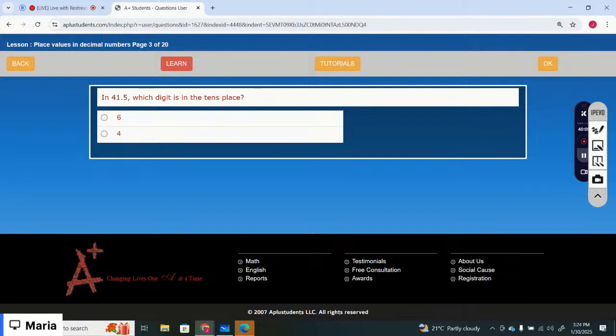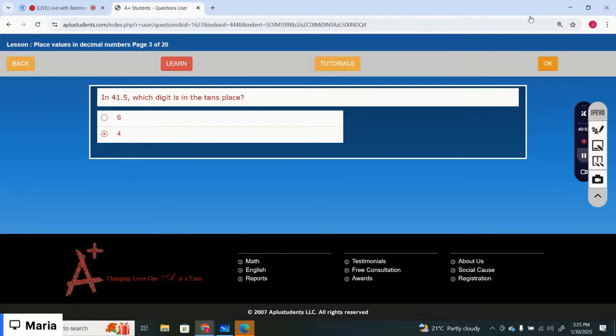In 41.5, which digit is at the tens place? The digit that is at the tens place is 4.